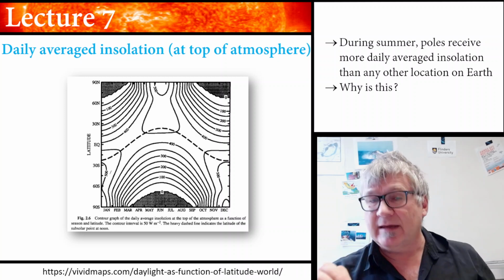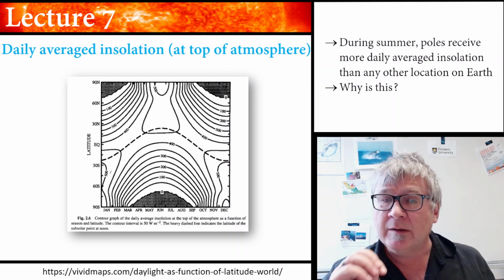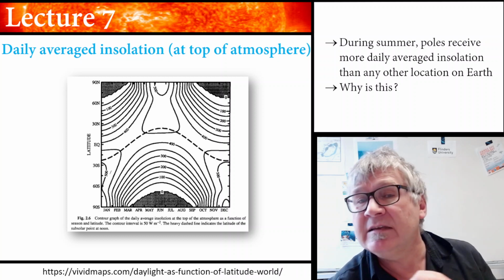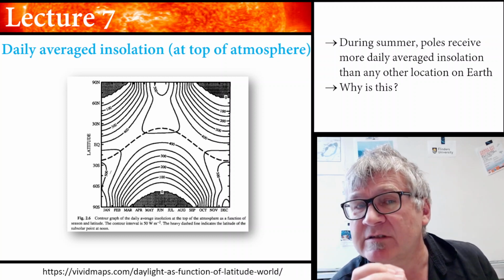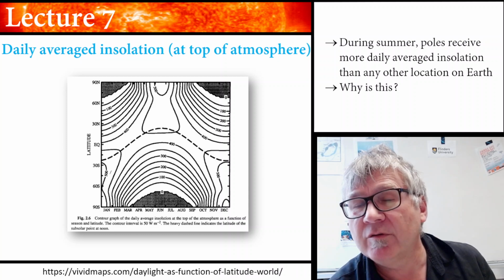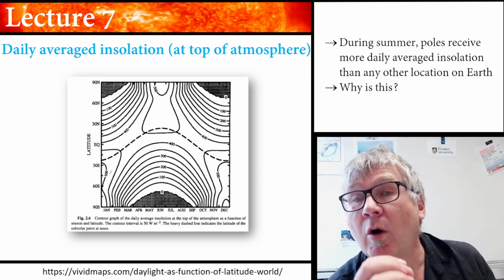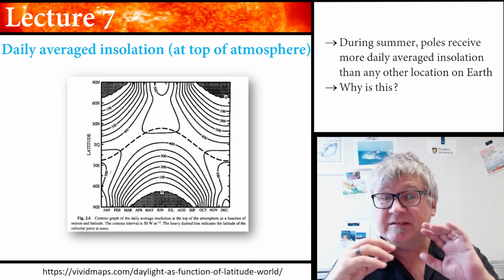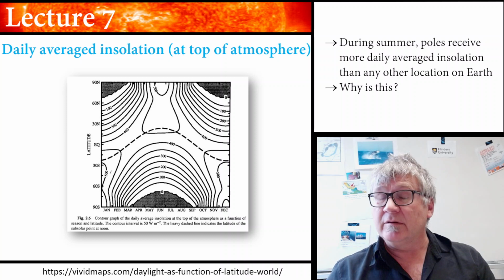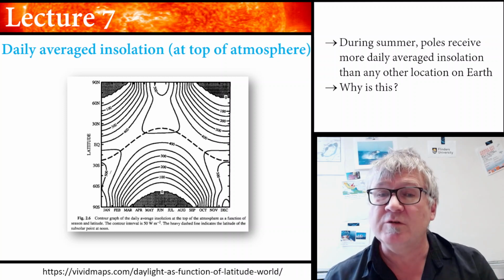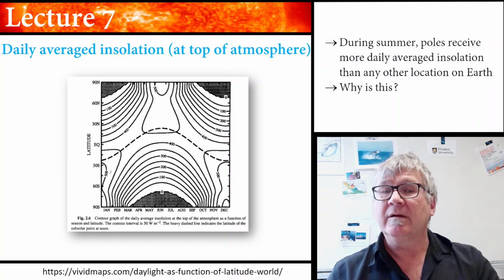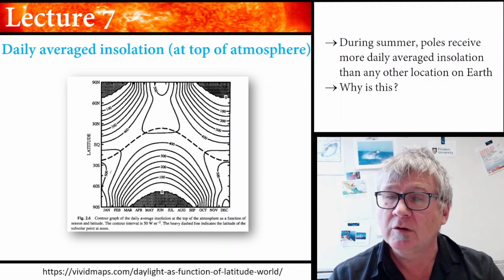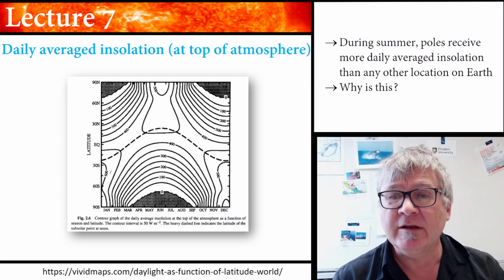Although you have that tilt angle, the clue in the understanding here is that in polar regions you receive the solar heat flux over 24 hours, not only over 12 hours. And this one is daily averaged insolation. So in fact, the polar regions receive more daily insolation compared to the equatorial regions.